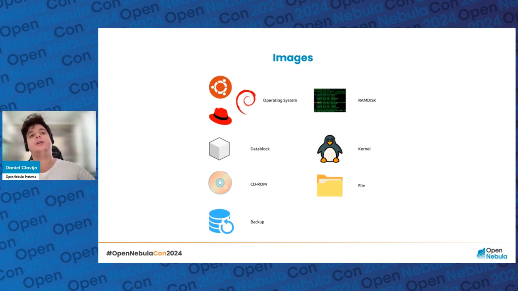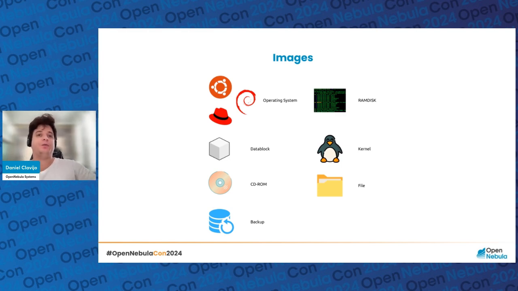Complementary to that, we have the data block image. This is just a blob of data that you can use to separate storage from the main OS file system. You don't have to do this. You can use a bigger operating system image, but in case you need dedicated storage for a specific purpose within your application, you can use this data block.